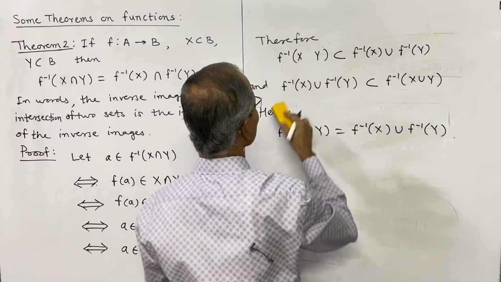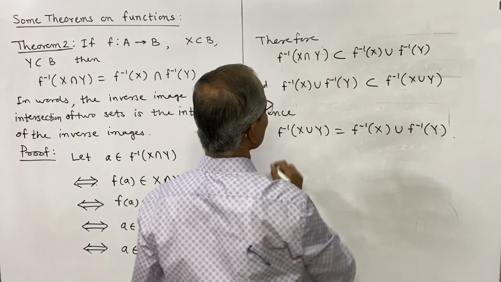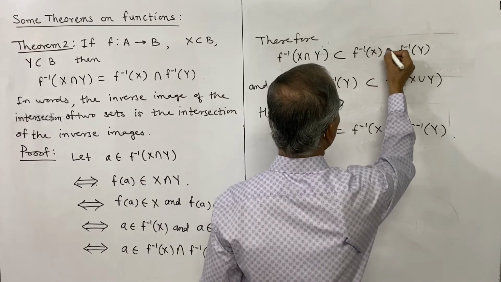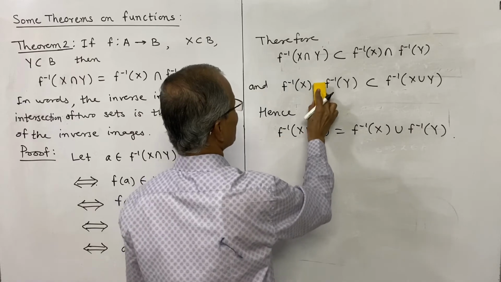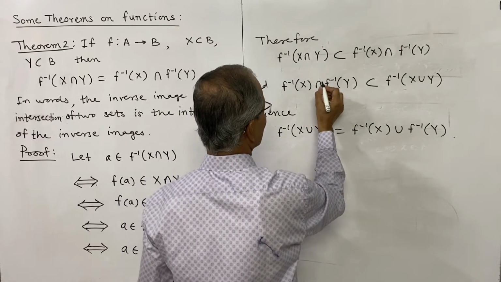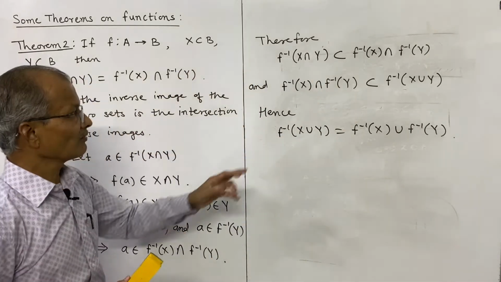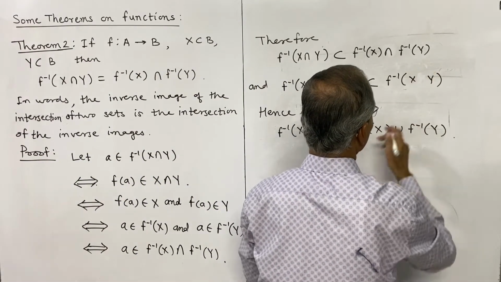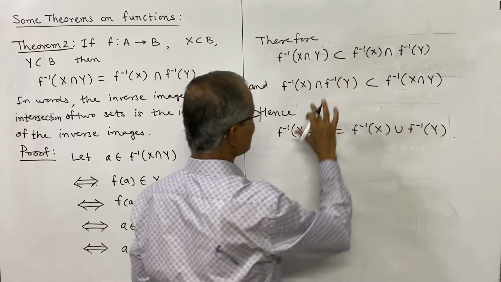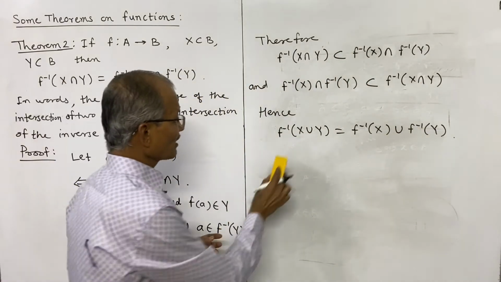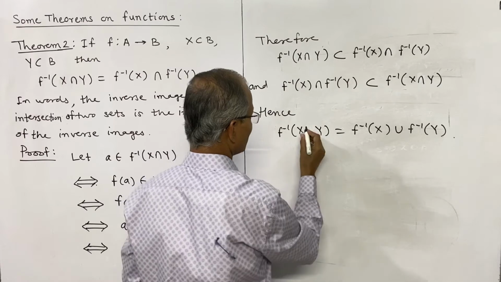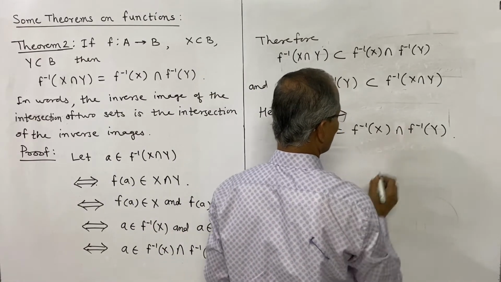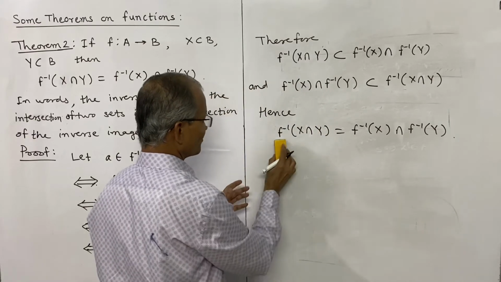And thus the relation becomes f inverse of X intersection Y is a subset of f inverse of X intersection f inverse of Y, and the intersection of these two sets is a subset of f inverse of X intersection Y, and this gives the equality of the two sets. If they are subsets of each other, then the two sets must be equal, and this proves the theorem. So this completes the proof.